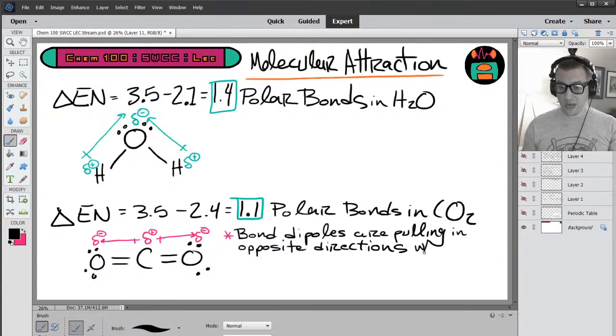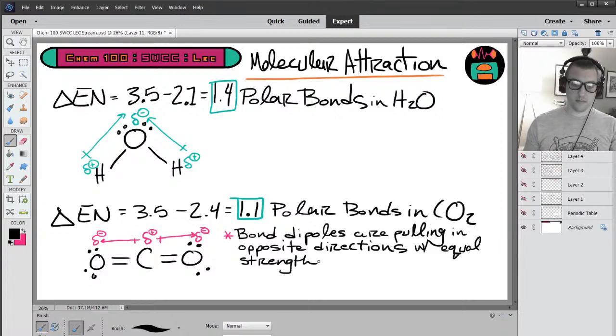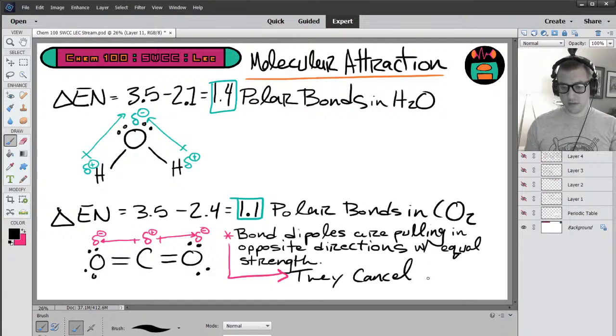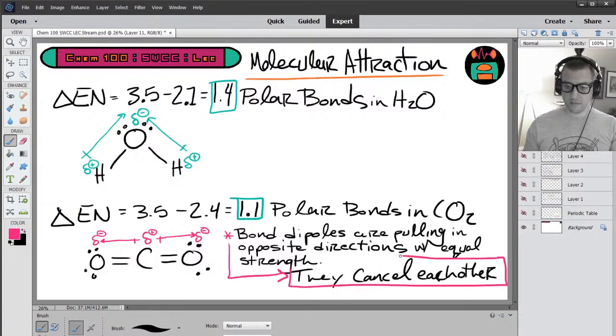And this is important, with equal strength, which means they cancel each other out.